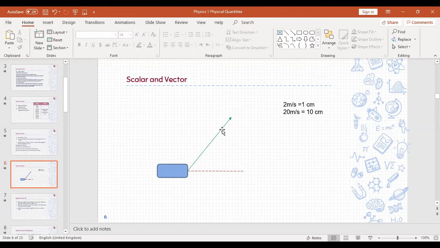This line should be of 10 centimeter on paper, and this angle here should be 45 degrees.